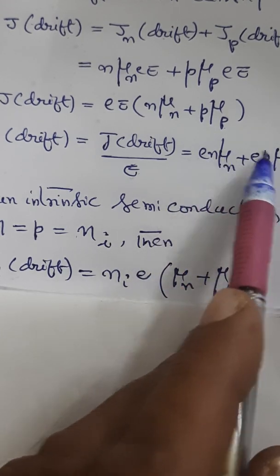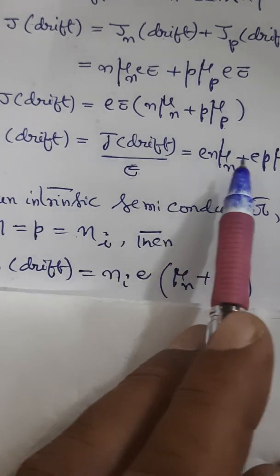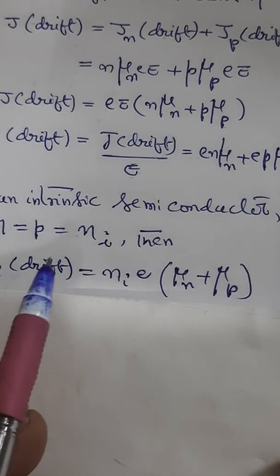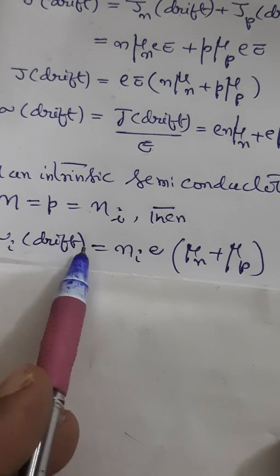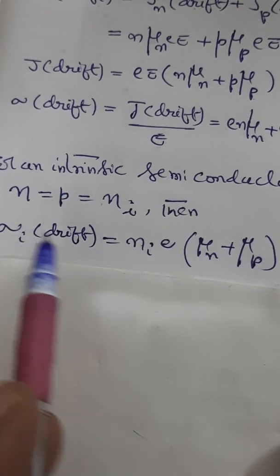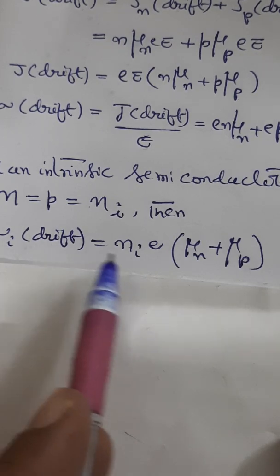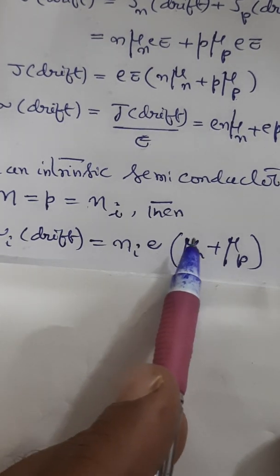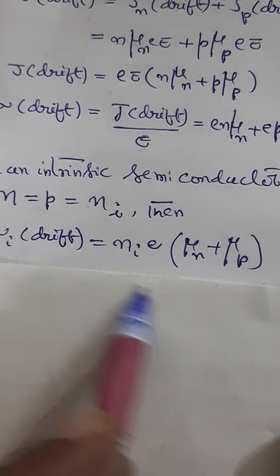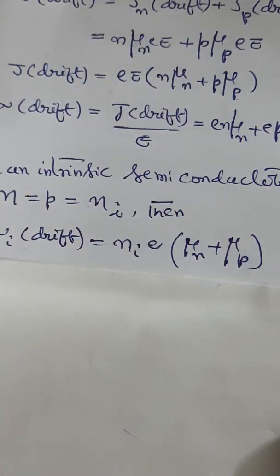For n equal to p equal to ni, ni also you can take out common. Therefore, sigma drift for the intrinsic, that's why we wrote it as sigma i, intrinsic semiconductor conductivity will be ni e into (mu n plus mu p). This is about drift current.